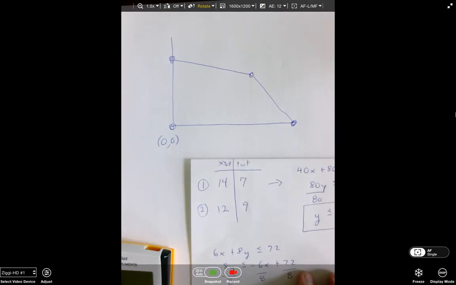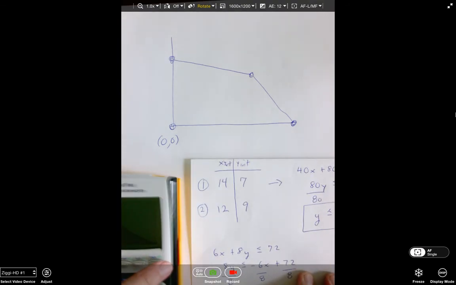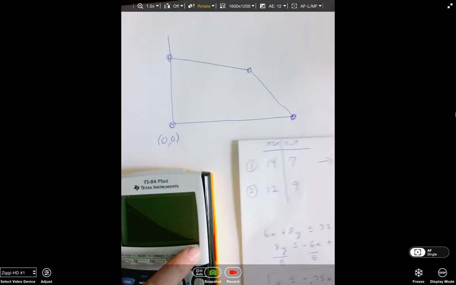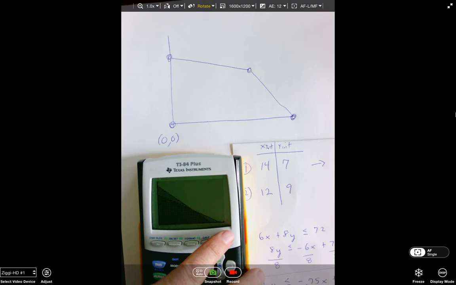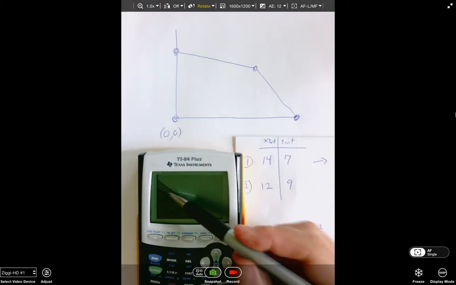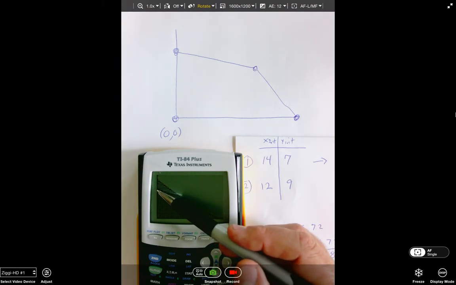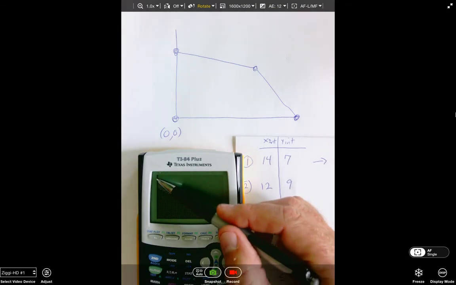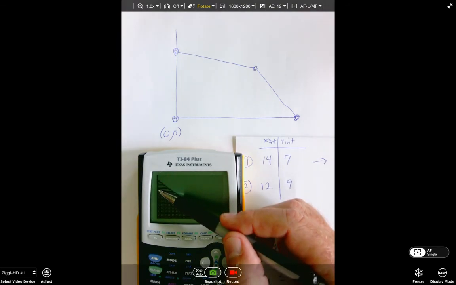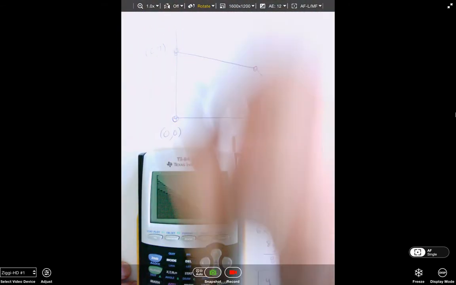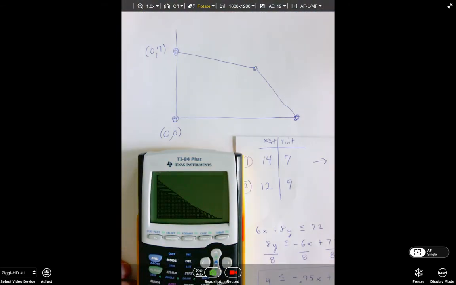Let's think about these x and y intercepts according to our pictures. When I look at this picture, I look at my y-intercept. There's my biggest, there's my smallest, 7 and 9. I know this point is 0, 7.